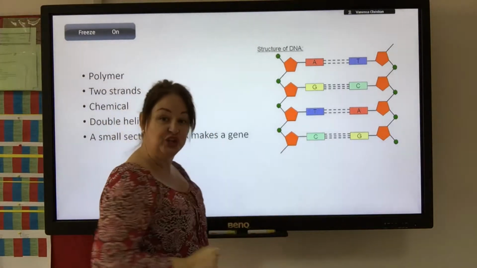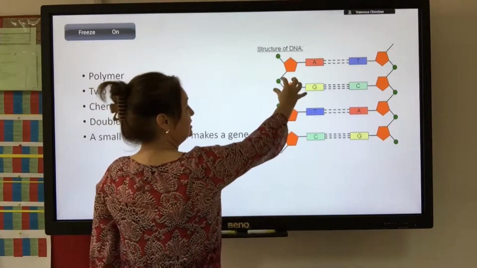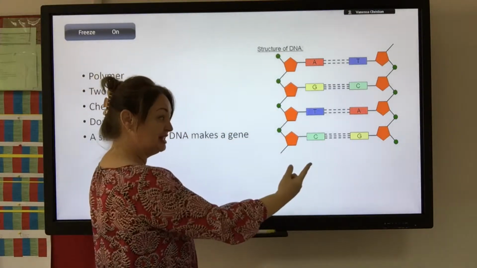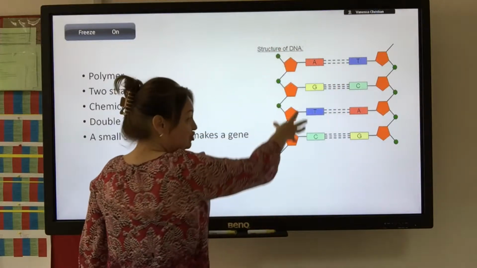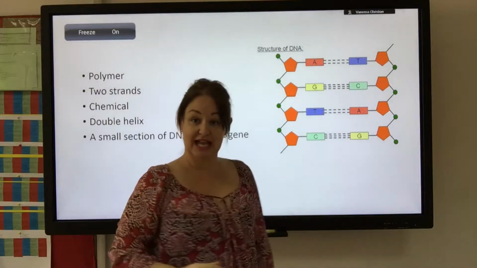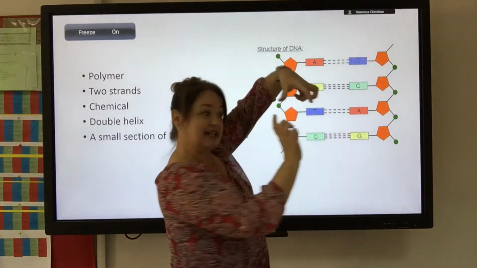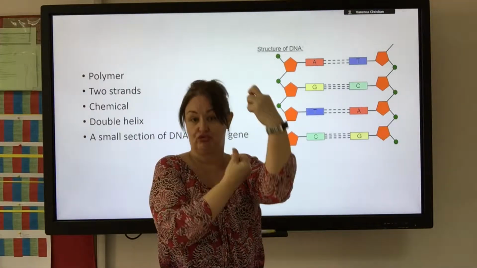It is a nucleotide. So here's one, here's the other, here's the other, and here's the other. And on the other side, we've got exactly the same thing. So this is one strand, and this is another strand of nucleotides, a polymer of nucleotides. Together they interact, and then that gets twisted, and that is your chromosome.